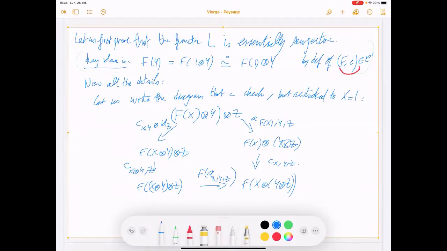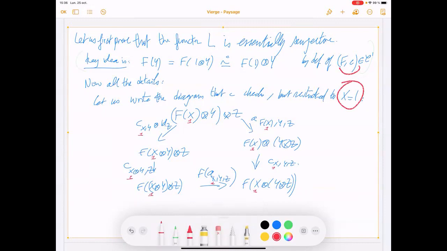Okay. Now you take x equal 1. So I will write, so x equal 1. So you can put 1 everywhere, here, here, here.